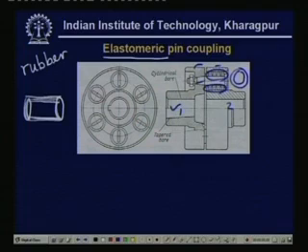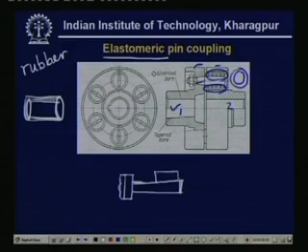Now when you want to design that, definitely the most important part is that bolt. Now this bolt design for the flange coupling we have seen already, but here the difference is that, for example, I draw the part of this bolt, and on top of it this elastomer, and again the load comes on this elastomer.